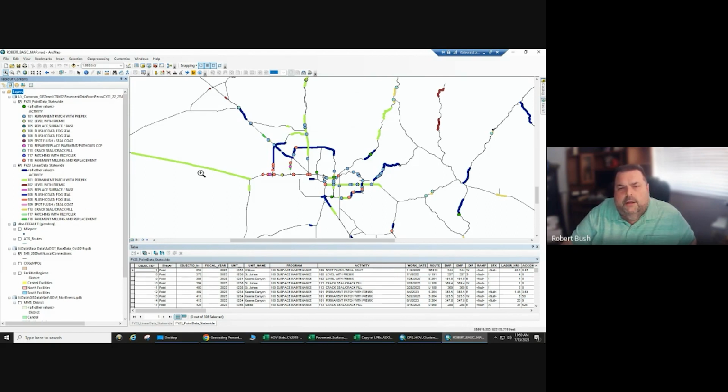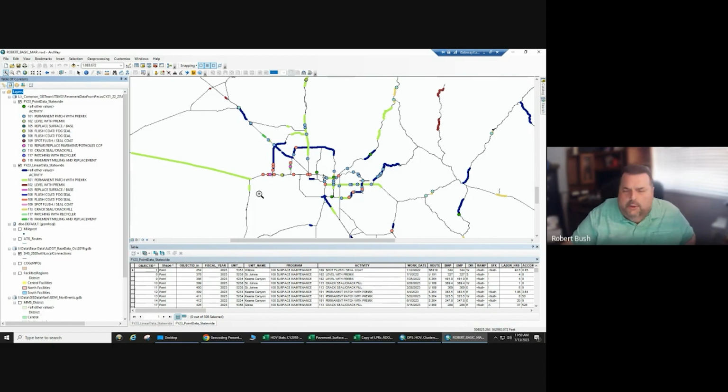So if you're looking at a lime green line here, it looks like it probably is code 101 permanent patch with premix.